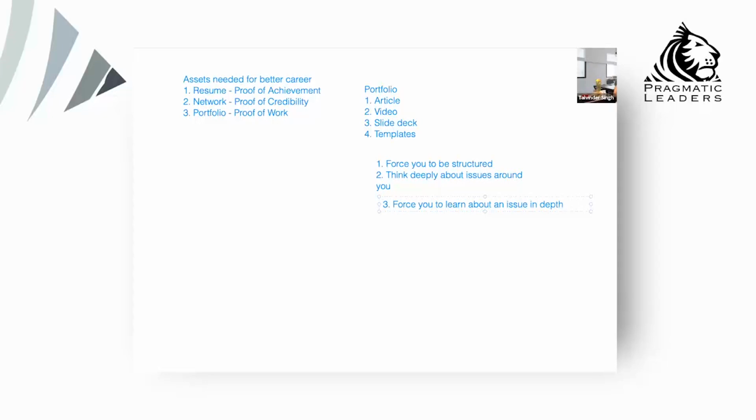But when you start talking about issues which are very glaringly obvious, or which are articulated very well, they will start believing that, okay, you have a good eye for observing problems and coming up with good potential solutions.